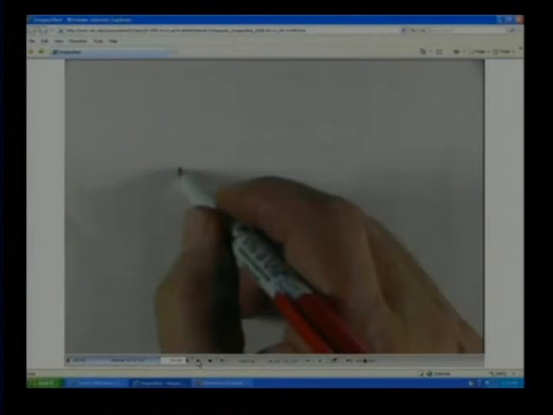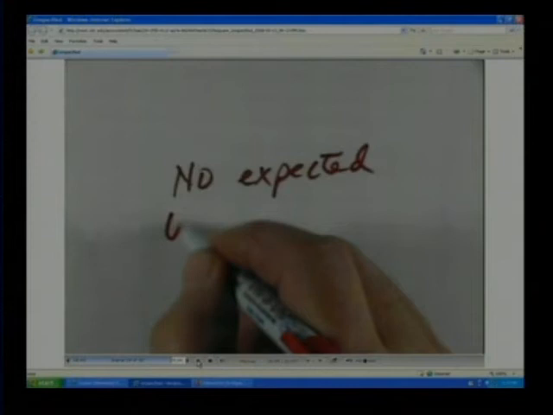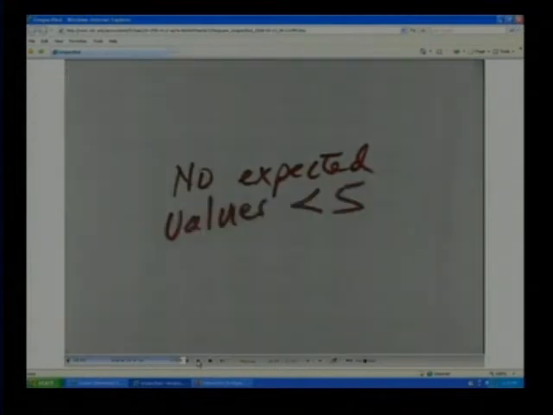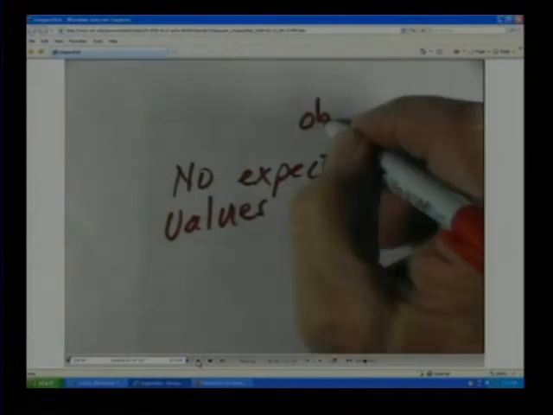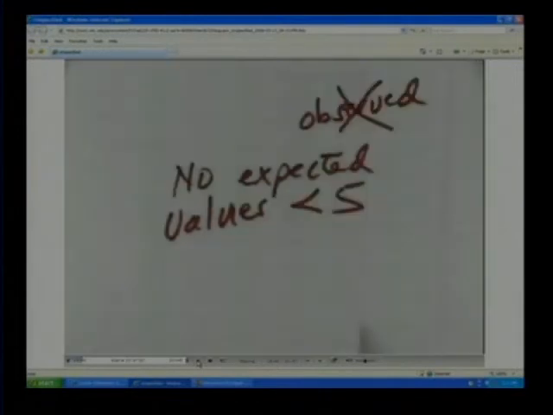With chi-square, we have to make sure that there are no expected values less than 5. Okay? Now, we're not saying observed here. We're saying expected values.